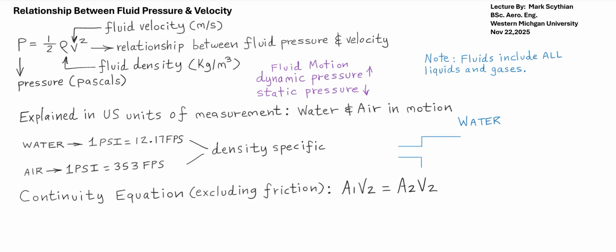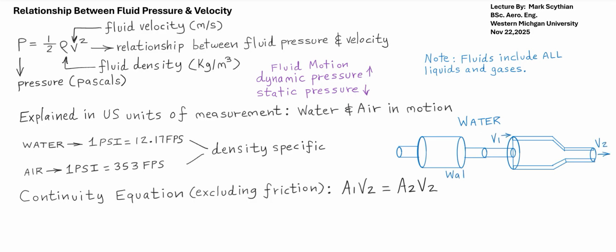So again, let's say we're dealing with a boost pump and it is connected to some sort of a water head, and it's a positive displacement pump, so it's pushing the water at a pressure greater than atmospheric pressure.